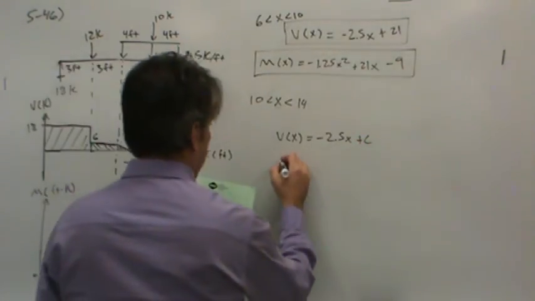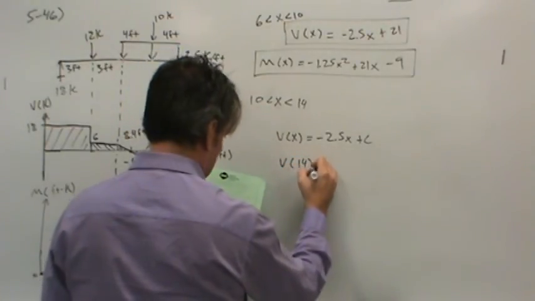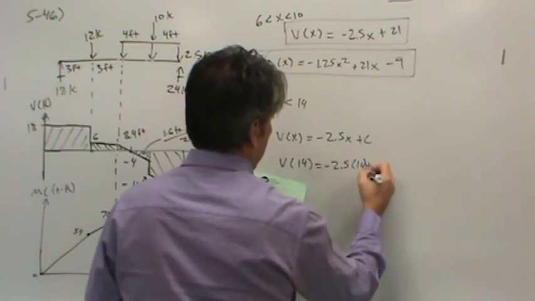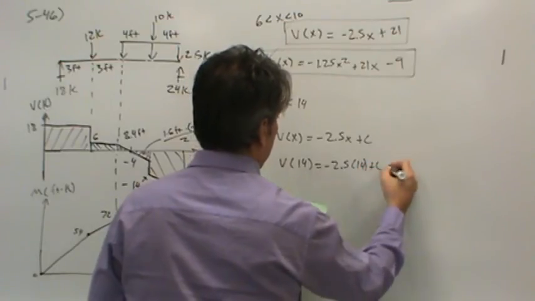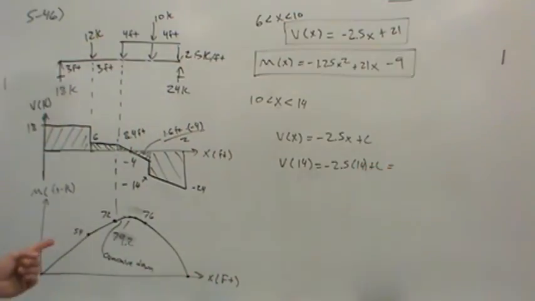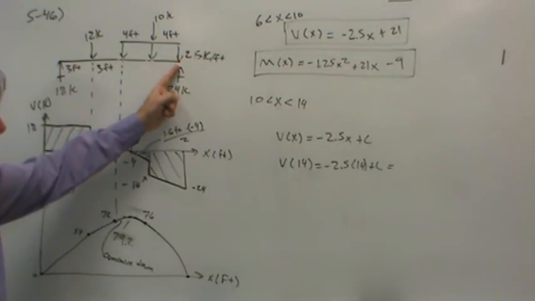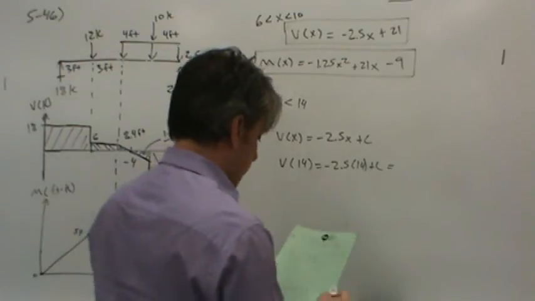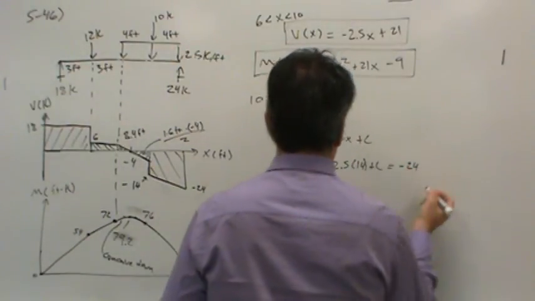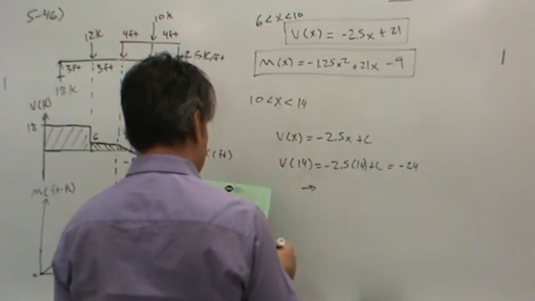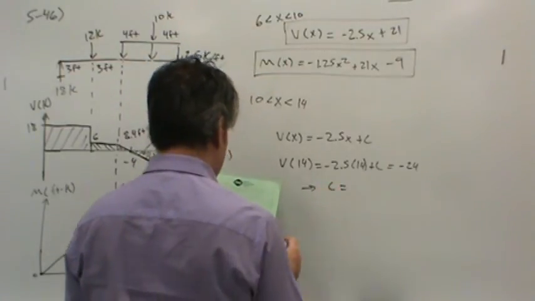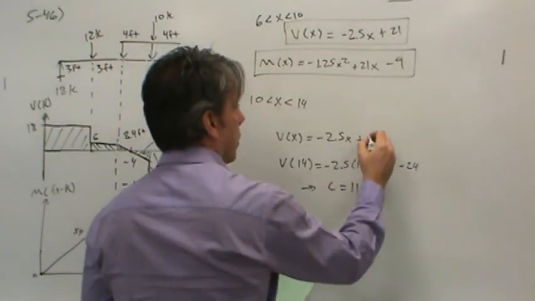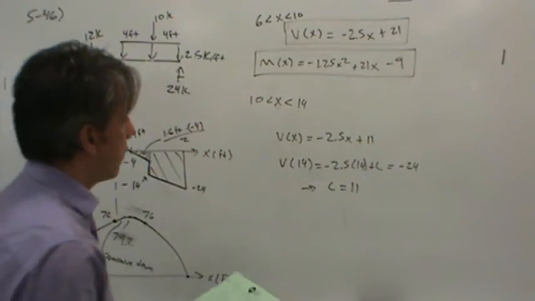If we plug in V of 14 equals negative 2.5 times 14 plus the constant, the shear at 14 at the end should be negative 24. And so that tells us that the constant must be equal to 11. So plug in 11 for that constant, and then we'll check.